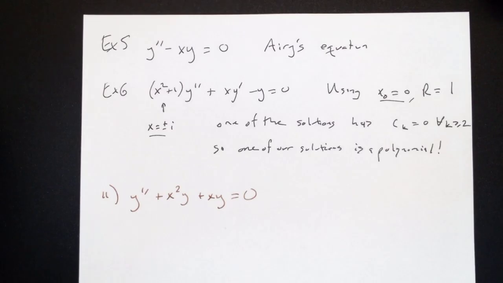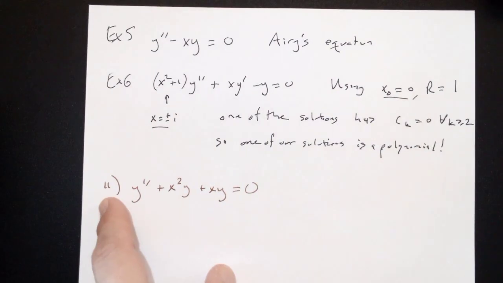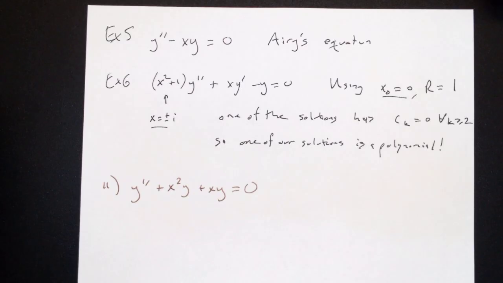Again, I'm going to make the assumption that I'm going to start from 0. This happens to have a radius of convergence that's infinite in this case, because the coefficient of y double prime is 1. I don't have to worry about anything being a singular point. This has no singular points at all.